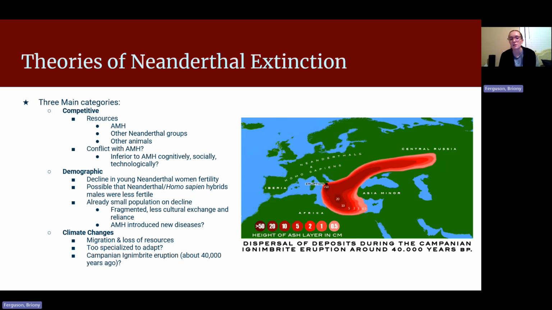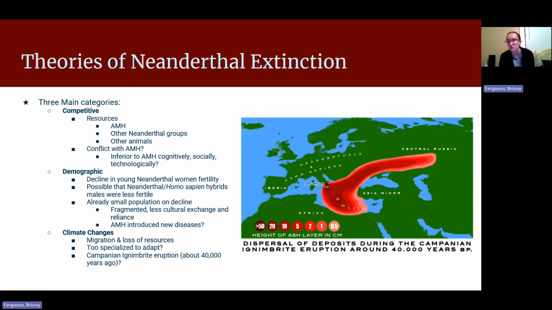Now, part of the reason that their population was declining was also because groups of Neanderthals were much more fragmented. They had less cultural exchange and resource and social reliance on one another. So they weren't spreading knowledge as well as resources with one another like Homo sapiens were at the time.